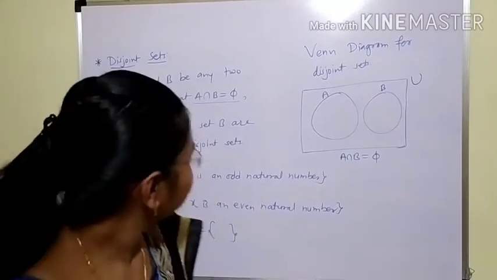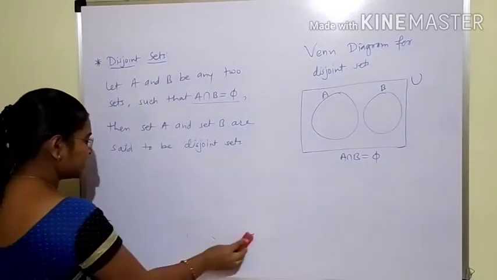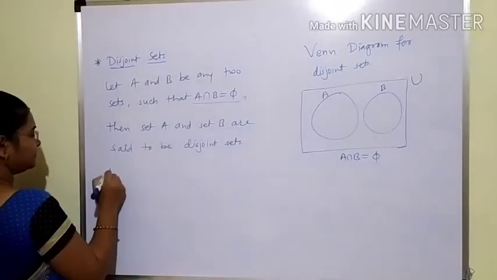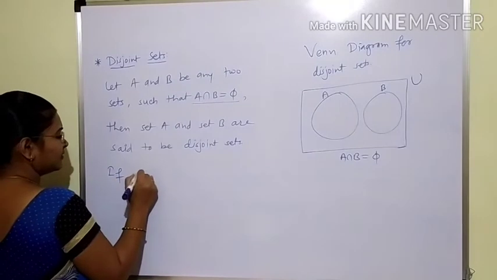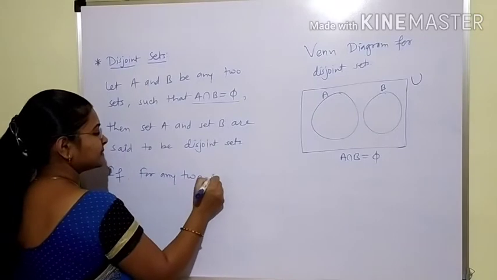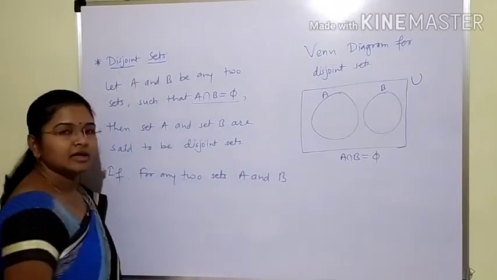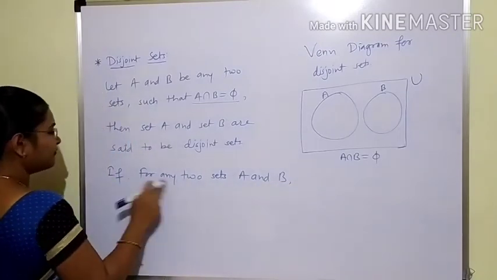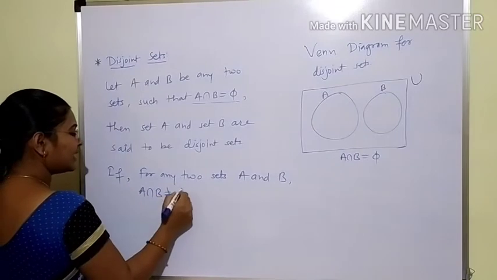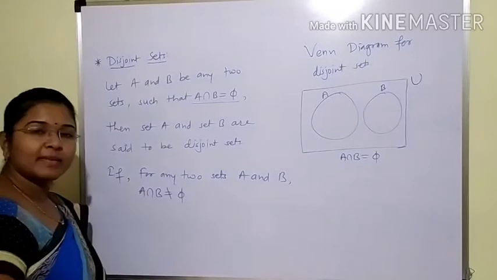Now students, if we take intersection as a non-empty set, means what? If for any two sets A and B, A intersection B is not an empty set, then they must have common elements.